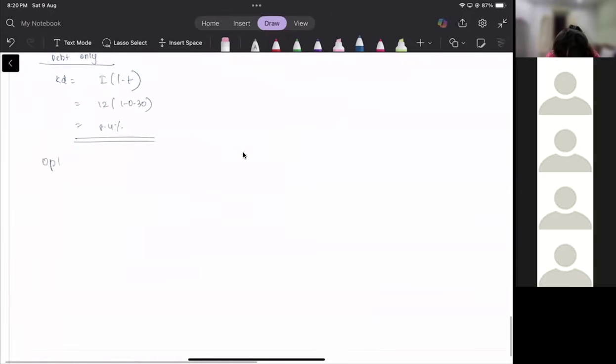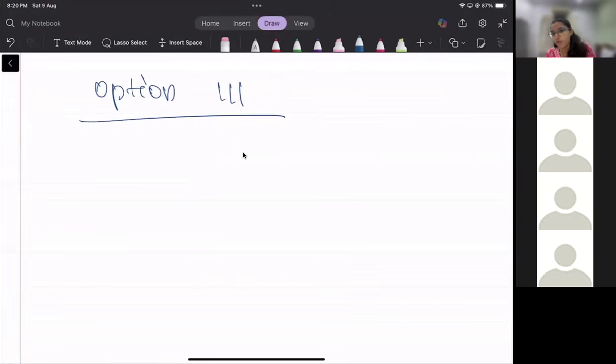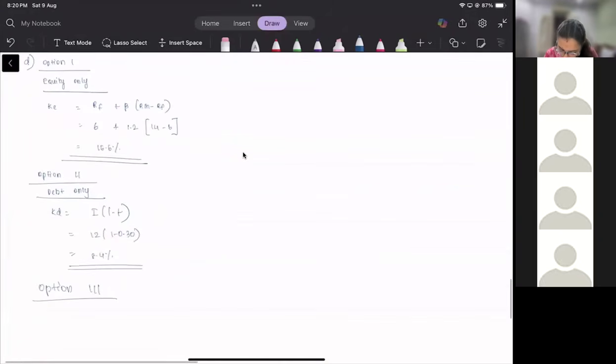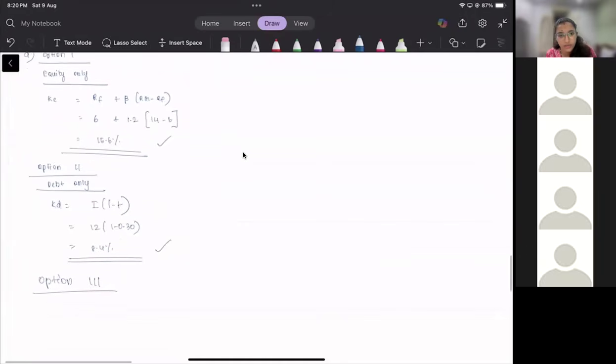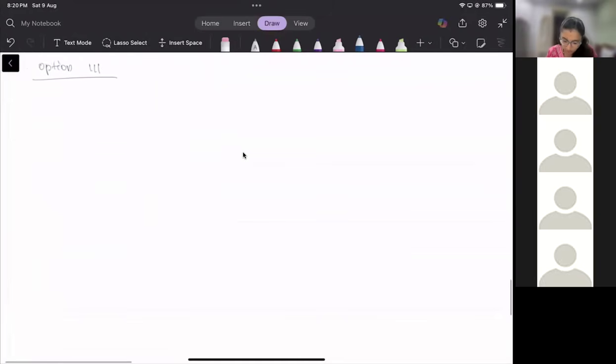Now, coming under option number 3. Here you will actually have to do weighted average cost of capital. How will you do weighted average cost of capital? You see, KE and KD is not going to change, right? KE will be this under option 3. KD will also be this itself under option 3. Correct. Because about KE, they have given it as general information. And about KD under option 3 also, we are actually raising 12% debentures.